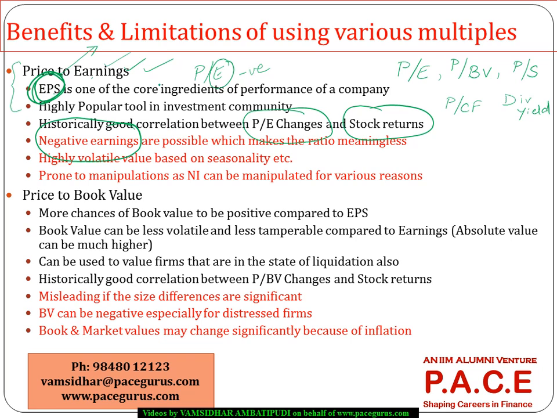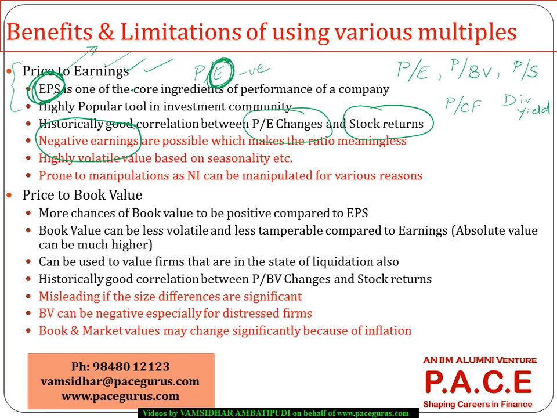And this E keeps changing every quarter very drastically, and that too for seasonal kinds of businesses. In each quarter the E could be a different number altogether. So the P by E can fluctuate quite badly, especially when the earnings are very volatile. And as we all know, earnings are prone to heavy manipulation by the management.